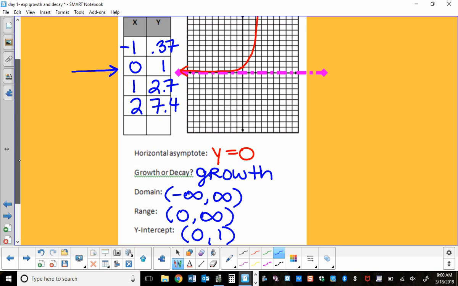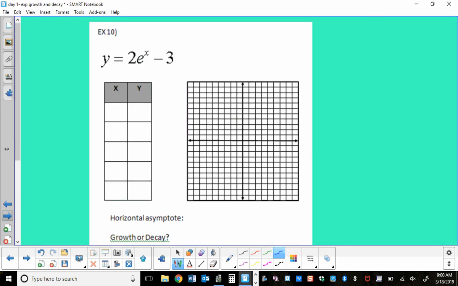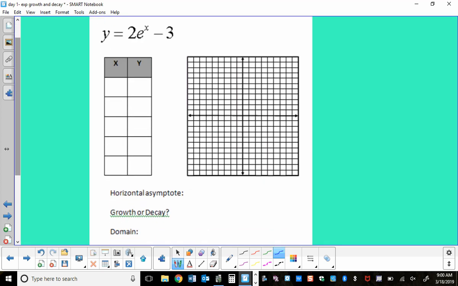We're going to do this last one together before you go on your own. Before we get started, what's my horizontal asymptote here? What'd you say? -3. I know that because it is my number after my exponent. So y equals -3.